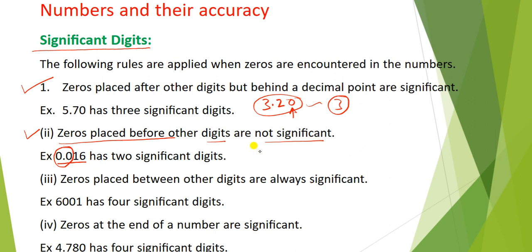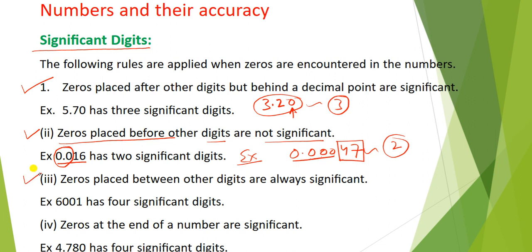Taking another example based on the second point, say 0.00047. Here 0.000 are the leading zeros, and leading zeros are not considered in the significant digits. So this number has only two significant digits.